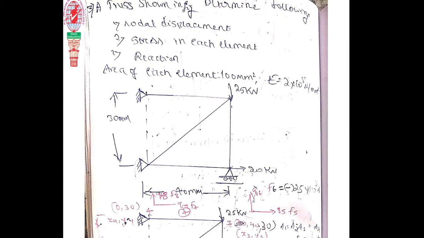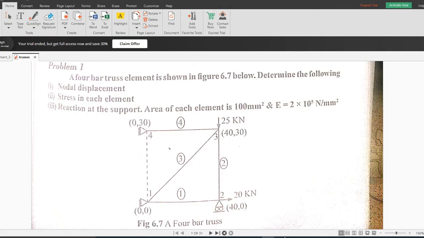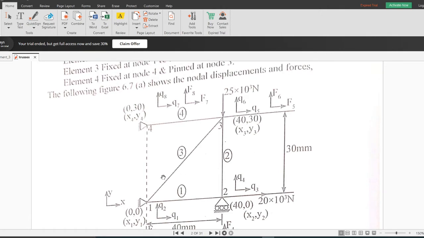All of you copied the figure? Yes, sir. Solution. First step. First step is what? FE model.